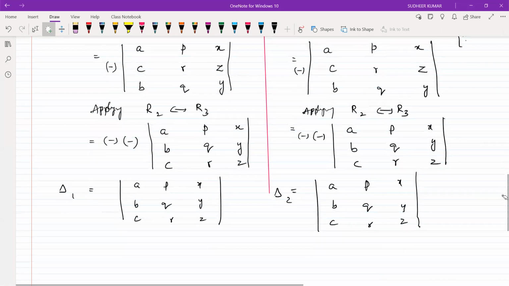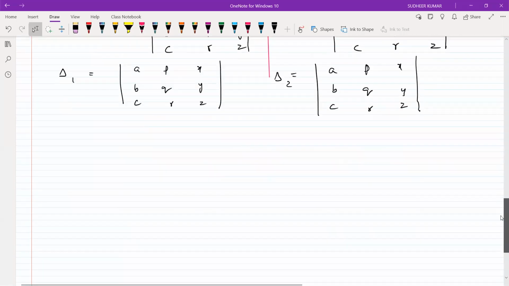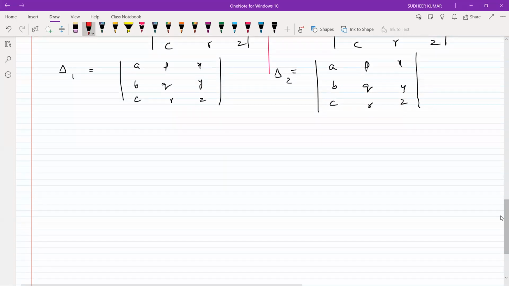Now recall equation 1. What we have taken as equation 1. Therefore, 1 implies determinant equals determinant 1 plus determinant 2. This is the given determinant, the LHS part. Right?